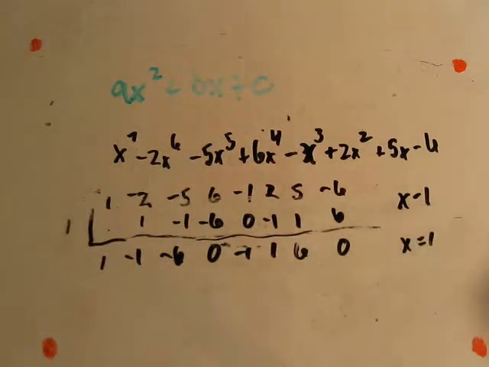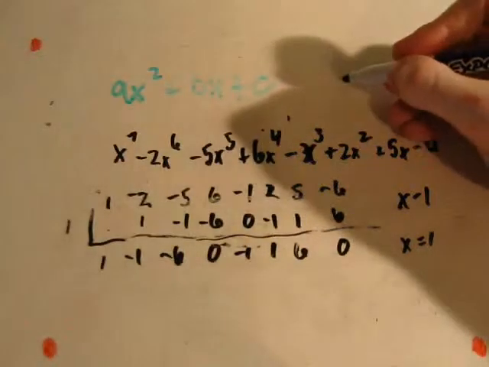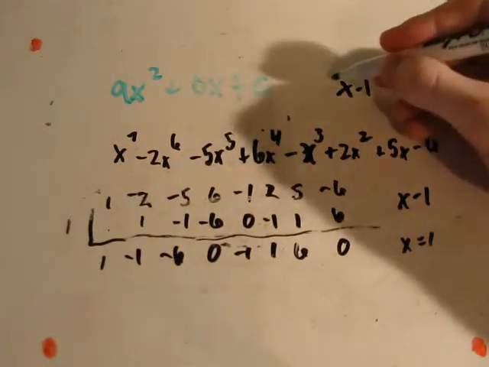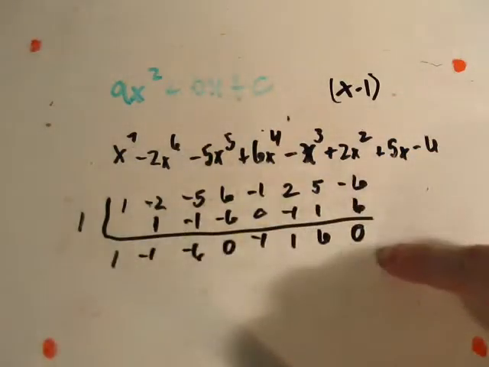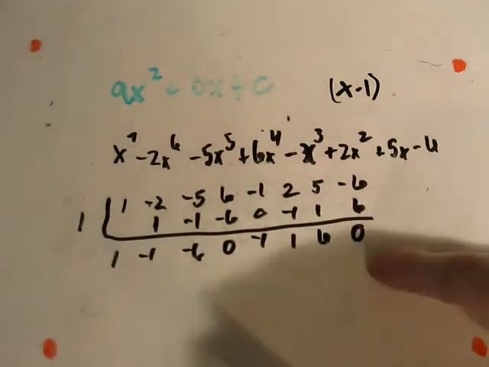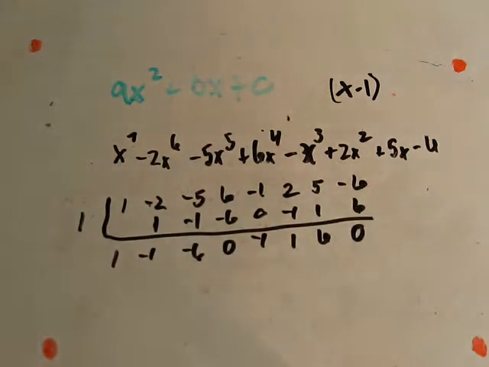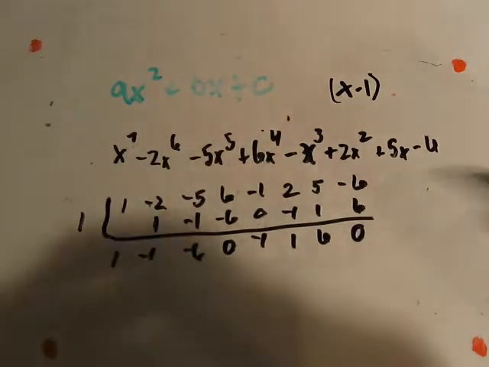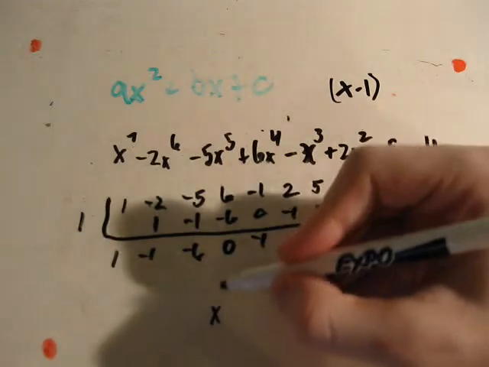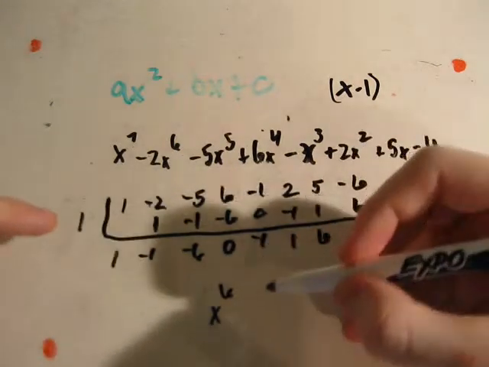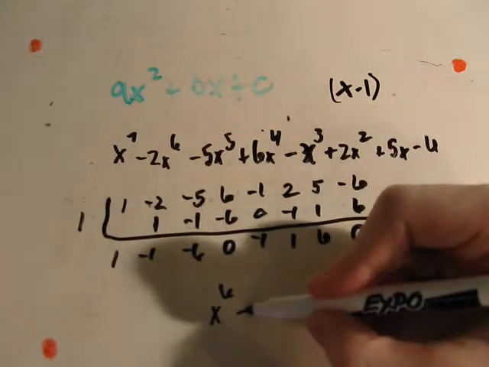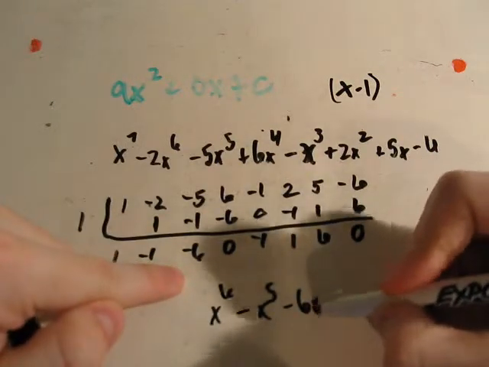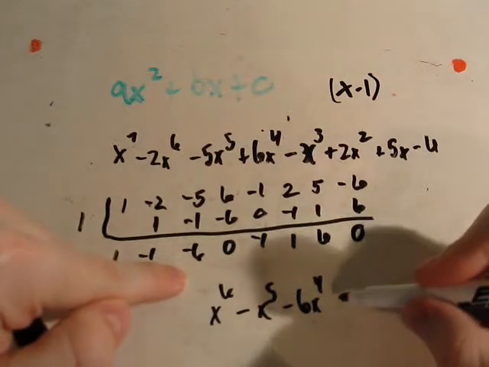So, what do we do with this knowledge? Well, we've got the x minus 1. These numbers here at the bottom will be our new polynomial for the problem. So this will be x to the 6th minus x to the 5th minus 6x to the 4th.